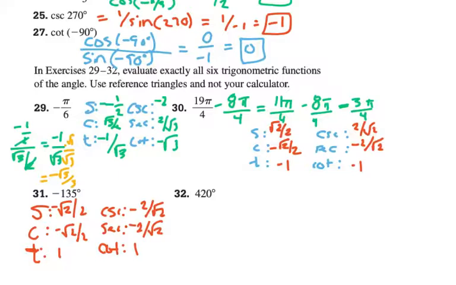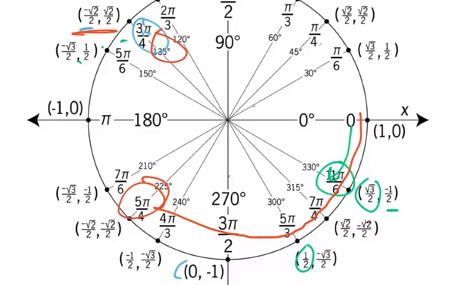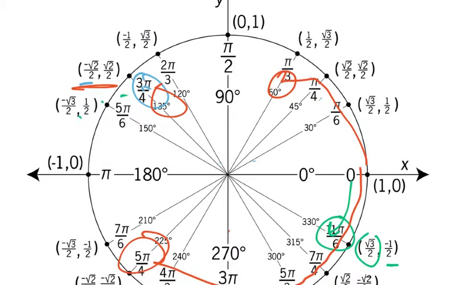Alright, and then we have 420 degrees, which is weird, so we're going to subtract 360 and get 60. So we're actually talking about 60 degrees, which on the unit circle is up here. So our cosine is a half.